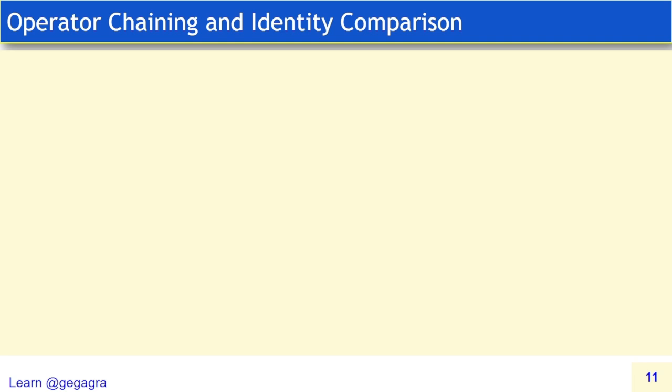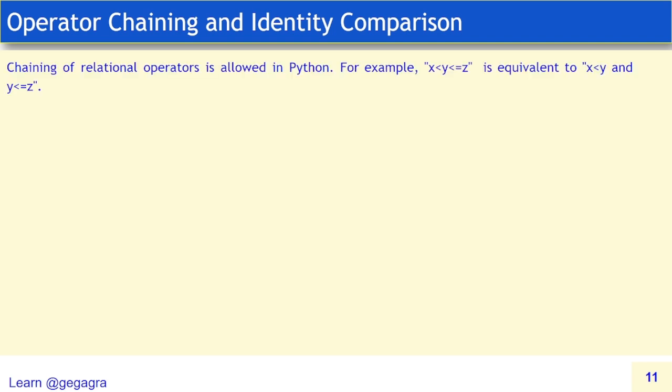So it is allowed in Python. Means chaining of relational operators is allowed in Python. For example, x less than y less than equals to z. It means x less than y and y less than equals to z. It is allowed in Python.